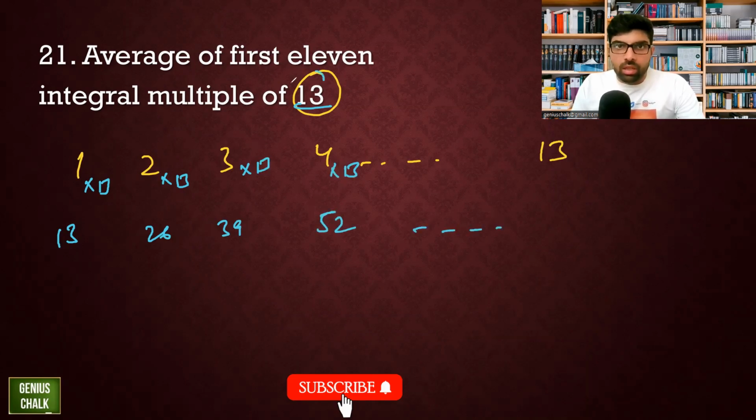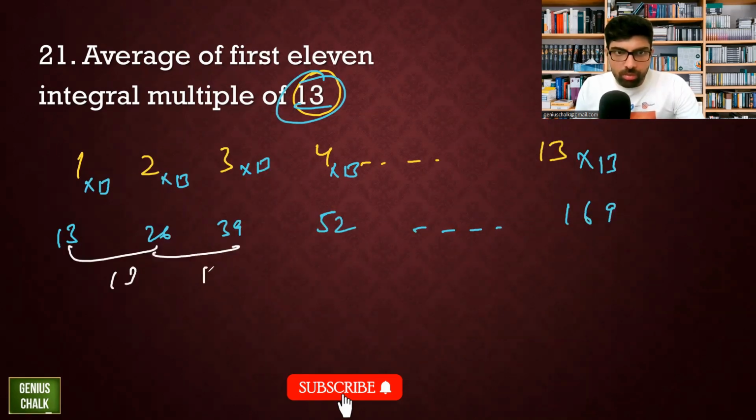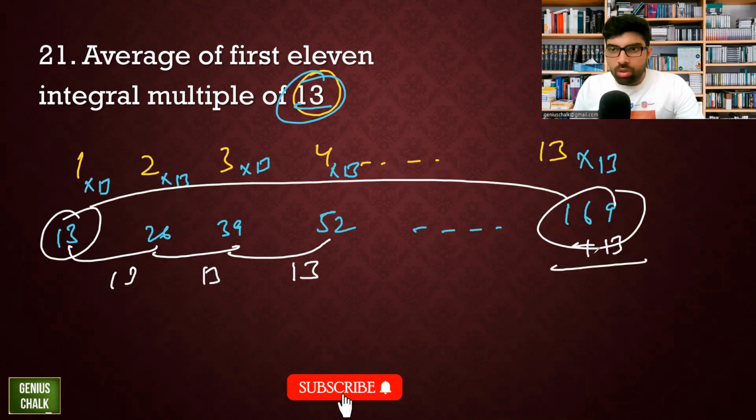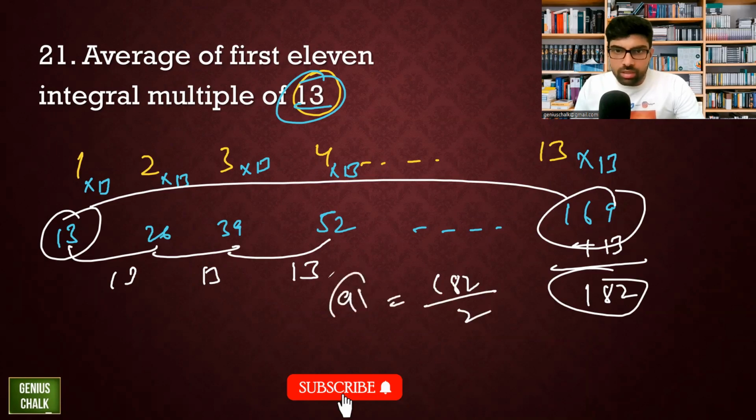And the last multiple, 11 into 13, that is 143. Again, the difference is the same throughout. So what is my answer? First plus last by 2. So this is 143 plus 13, 156, divided by 2. The answer is 78.